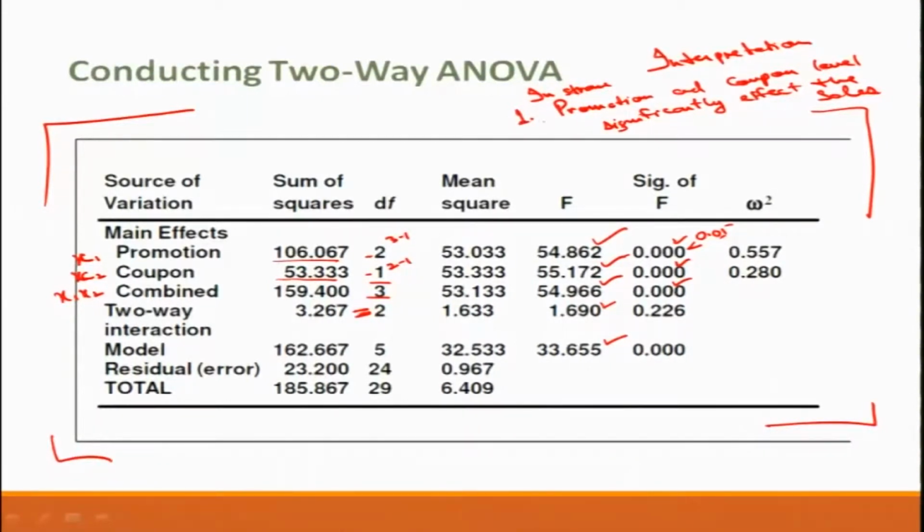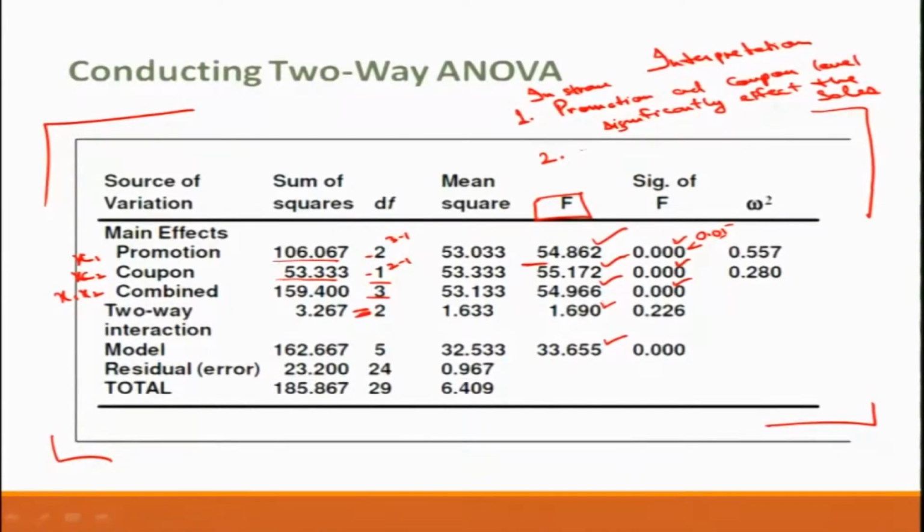Okay. Number 2, we can see which has more significance, which has more influence on this. In that case, again F is the criterion that would decide. In this case, coupon level has the larger value, but these two values are close, 54 and 55.